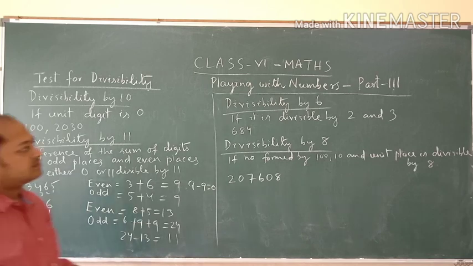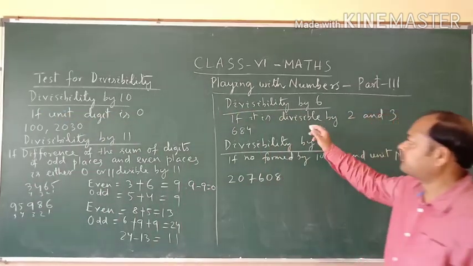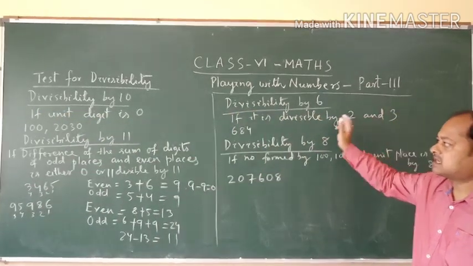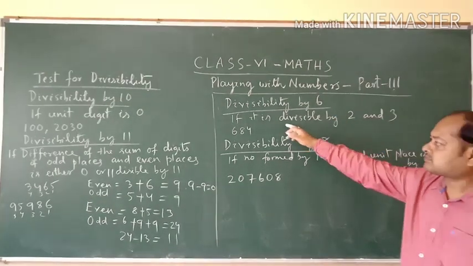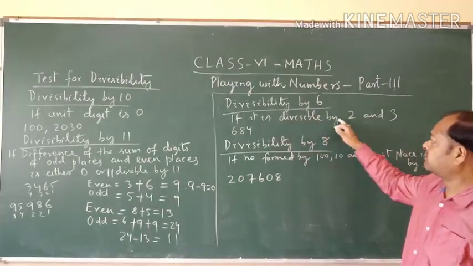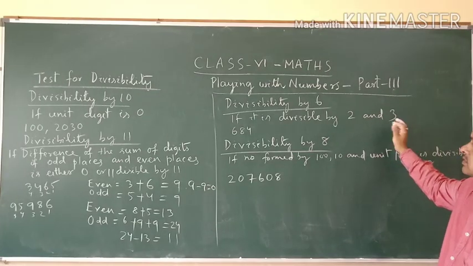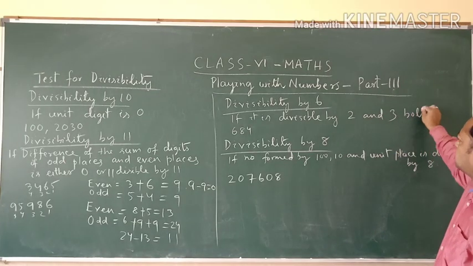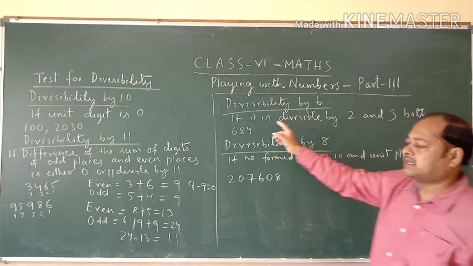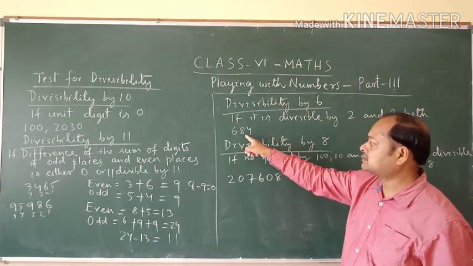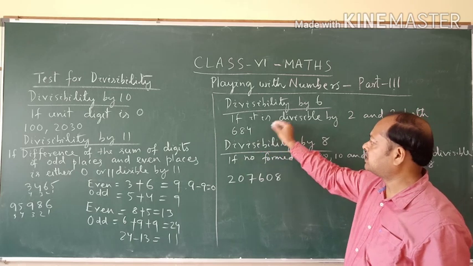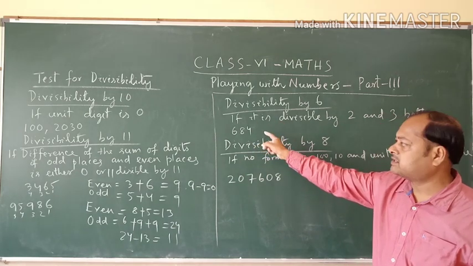Now see the next rule, divisibility by 6. How do you know that a number is divisible by 6? What is its formula? If it is divisible by both 2 and 3. Let's take the number 684. In 684 we see that the number is divisible by 2, because the rule of divisibility by 2 is that the last unit digit is divisible by 2.